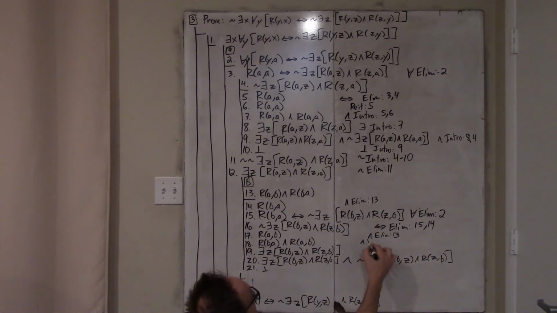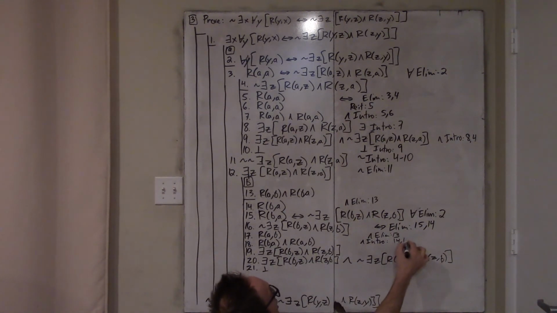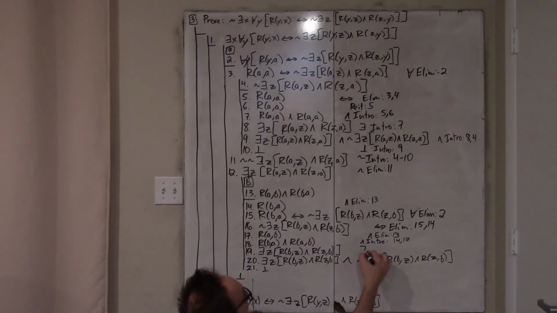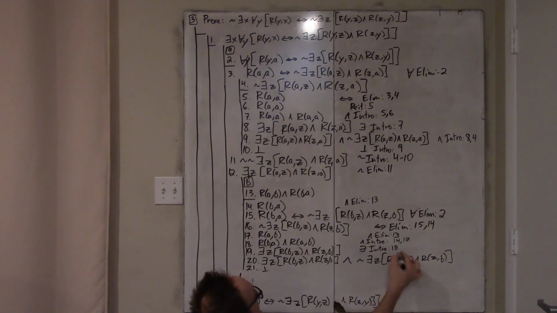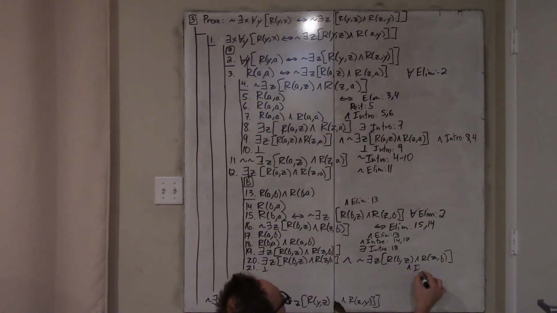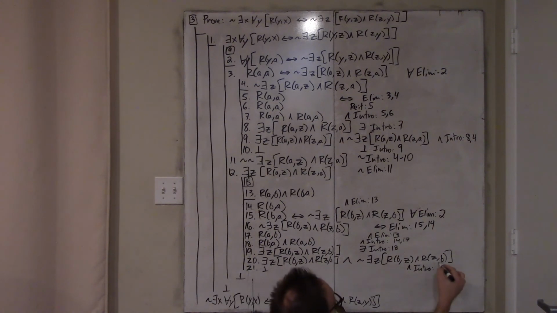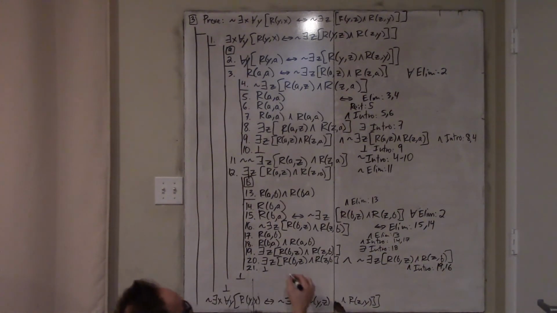Line 18 came from and intro 14, 17, if we're going in order. And finally, this is existential intro 18. And then this guy over here is and intro 19 and 16. And this is bottom intro 20.